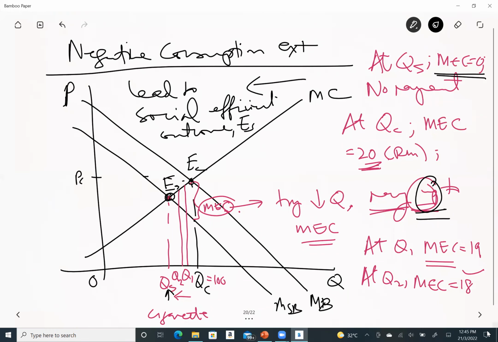So the point we start will be Q equal to 0, because there will be the right to clean air, so there will be no smoking at all. Now, if you start here at Q equal to 0, this guy wants to smoke. So how much is he willing to pay you in order to smoke the cigarette?